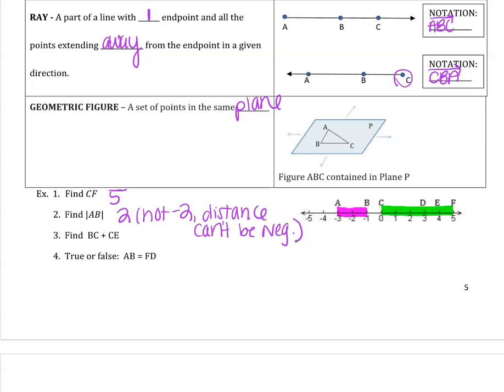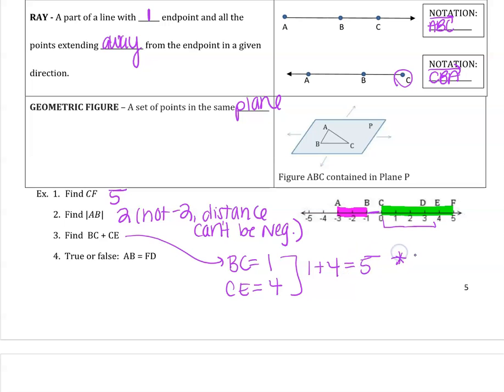All right, for 3, BC plus CE. Well, I'm finding that BC is equal to 1 unit. CE looks like it's 4 units. So BC plus CE would be the same thing as 1 plus 4, and that would give me 5.